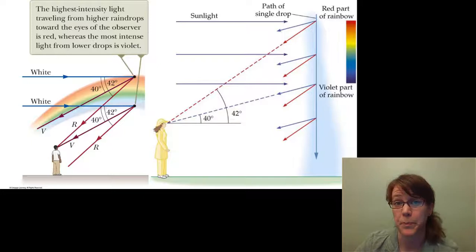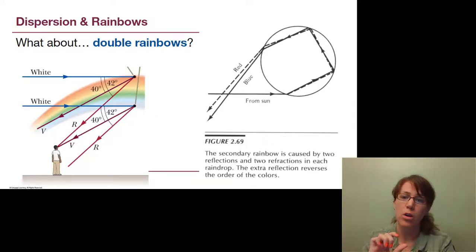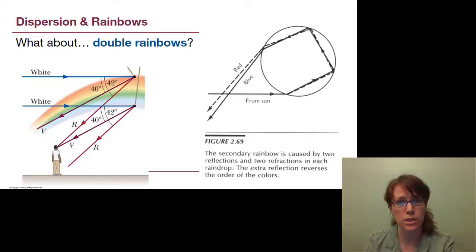So for either of these people, that's what we're keeping in mind, and that's how we've got the little rainbow drawn for us. But there's a couple more details that we want to think about, right? How about a double rainbow all the way across the sky? That happens when there's two internal reflections, and so you get the red and blue opposite of what it's supposed to be, right? Look at the left side of the screen.